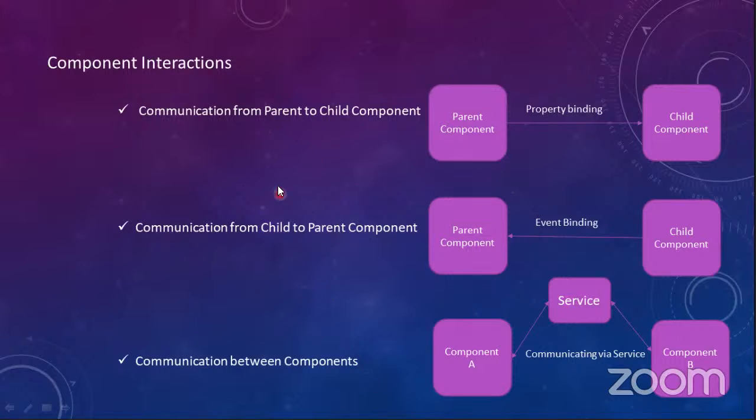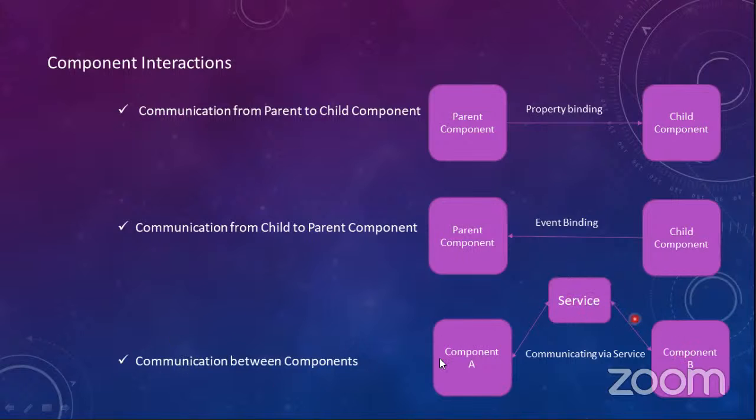In the above example you are seeing a parent and child relationship, right? But assume that you have some components that don't have any relationship like parent and child. There can be a scenario like that. In that case you can use a service to communicate between them. You can have some data in the service, and both the components can take a look at or pull that particular data from the service.